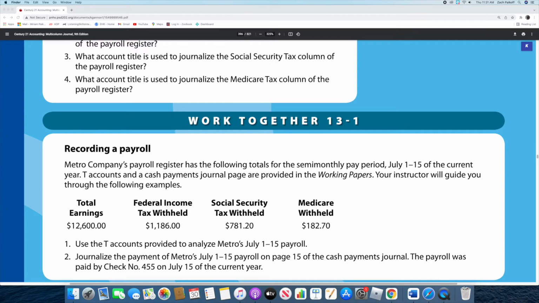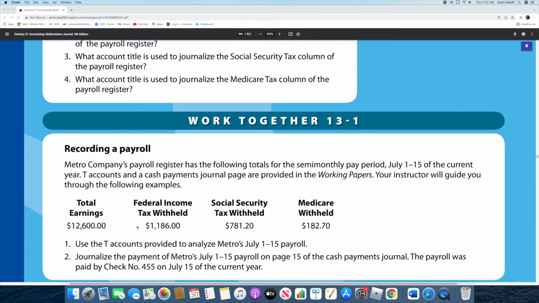So the instructions say, Metro Company's payroll register has the following totals for the semi-monthly pay period, July 1st through the 15th of the current year. T accounts and a cash payments journal page are provided in the working papers. Your instructor will guide you through the following examples. As you can see here, the total earnings are $12,600.